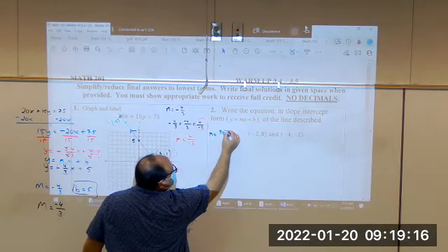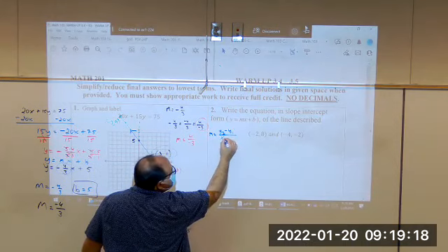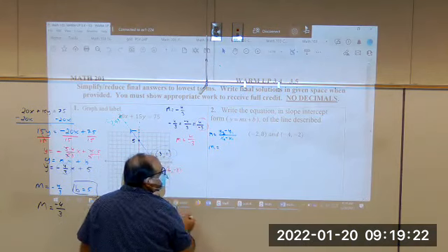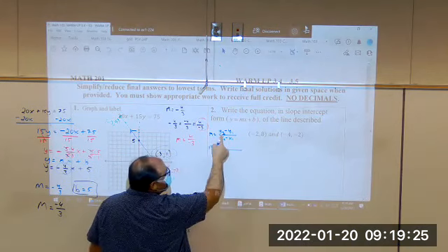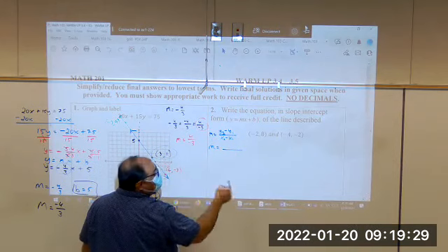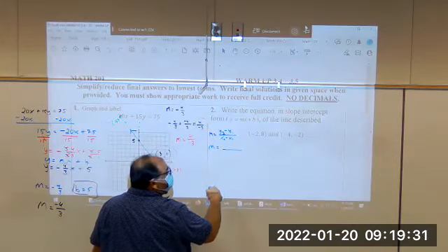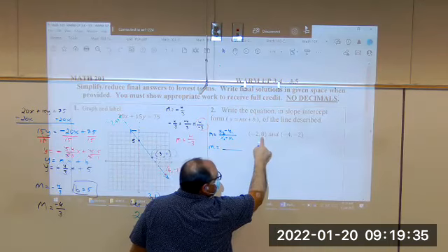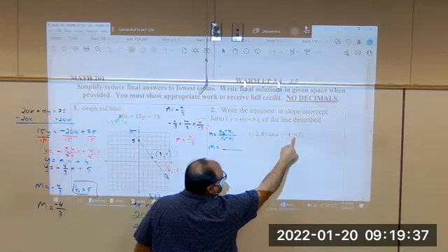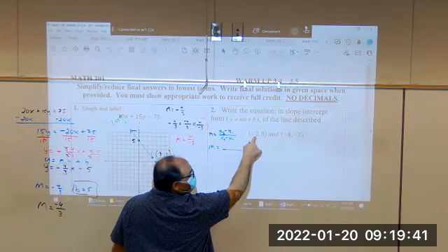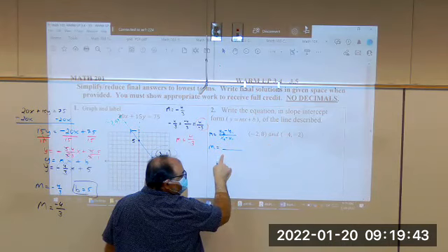Slope is y sub 2 minus y sub 1 over x sub 2 minus x sub 1. So you're going to subtract the y's. And what I told you on Tuesday, it really doesn't matter which y you start with, that 8 or that -2. If I start with 8 in the numerator, you have to make sure you start with this x in the denominator.